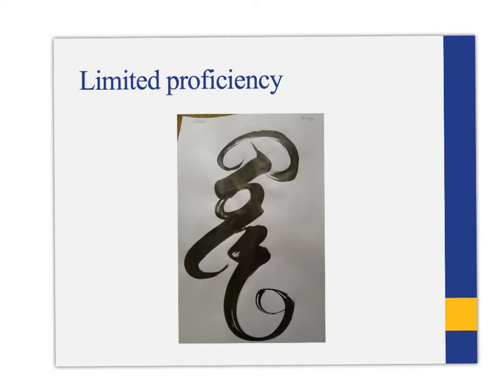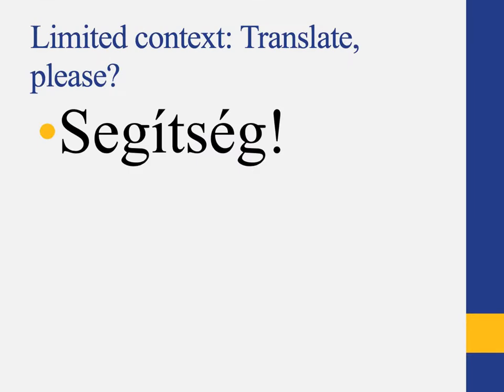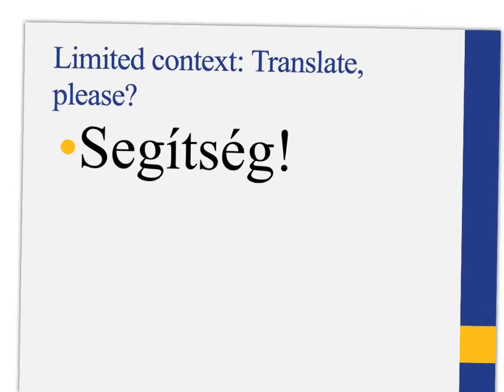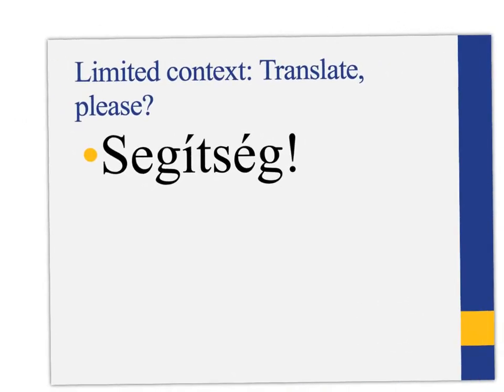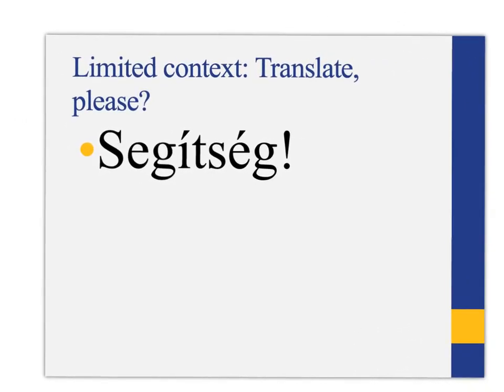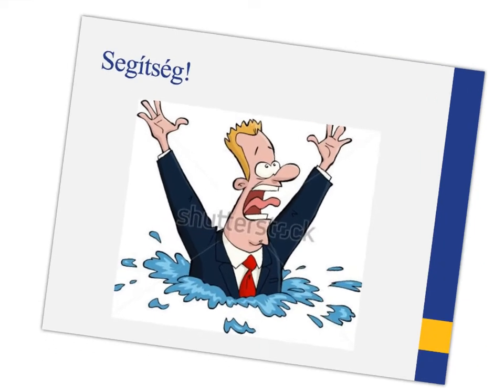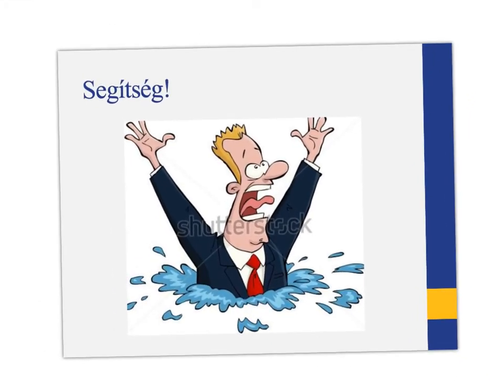Can you read this? Not unless you've got the cues and the background knowledge. If the context is limited, how would you translate this word? Now, if you see a visual and there's more contextual cues, can you translate this word?